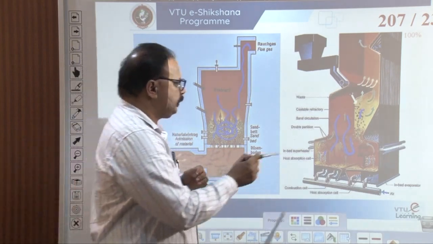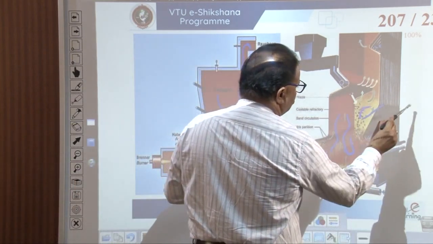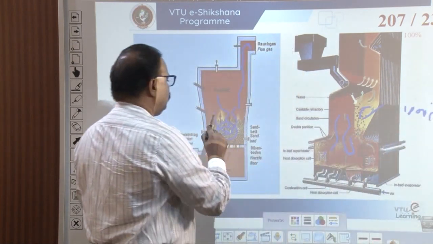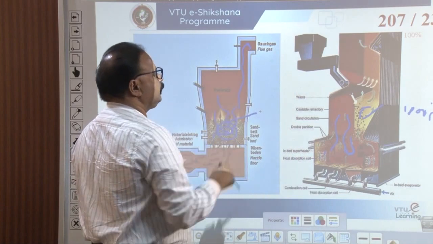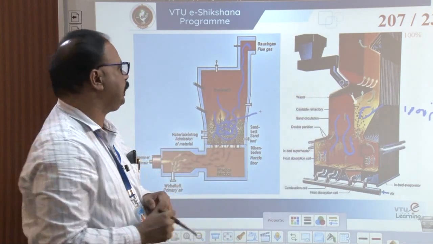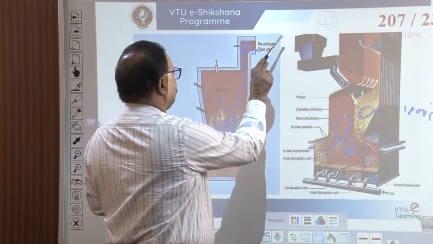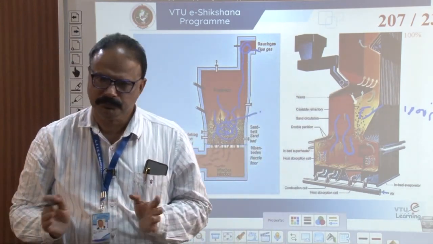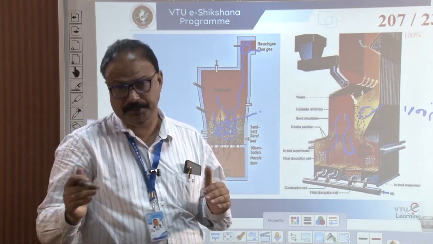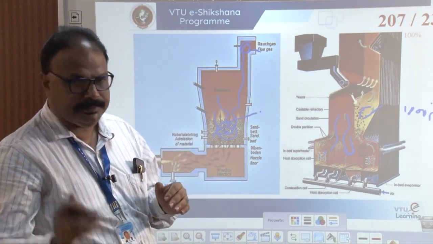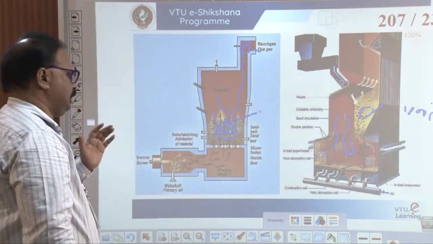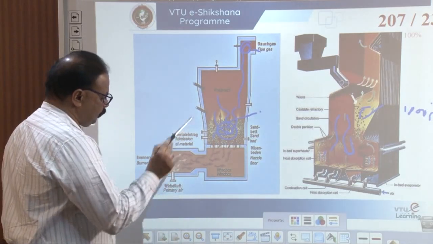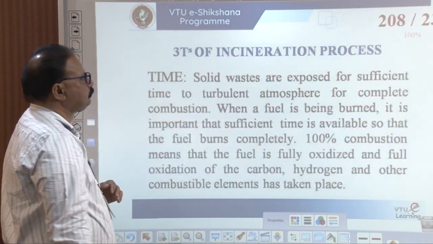See here how much temperature it burns at, more than 1800 degrees Celsius. The gases produced here won't affect the atmosphere. This is the process of incineration. You understood, no? What is incineration.